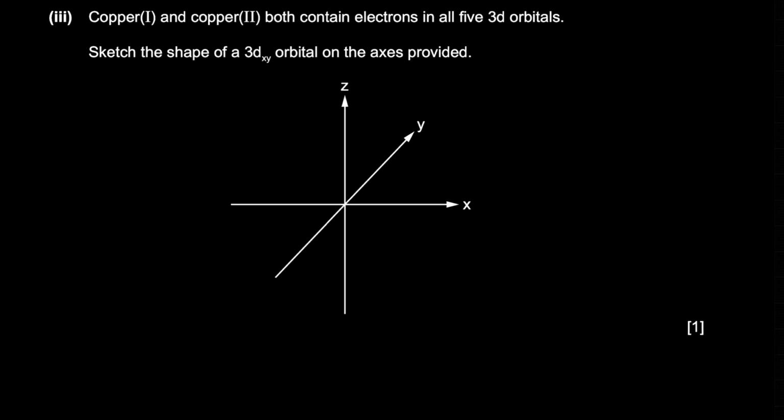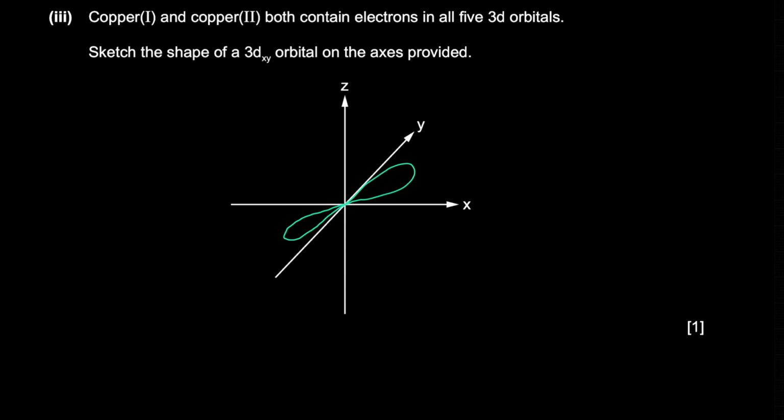Copper 1 and copper 2 both contain electrons in all 5 3d orbitals. Sketch the shape of a 3dxy orbital on the axes provided. A 3dxy orbital would be between the x and y axes. So between the x and y axes, you have one lobe like this, and then the other lobe will be like this.